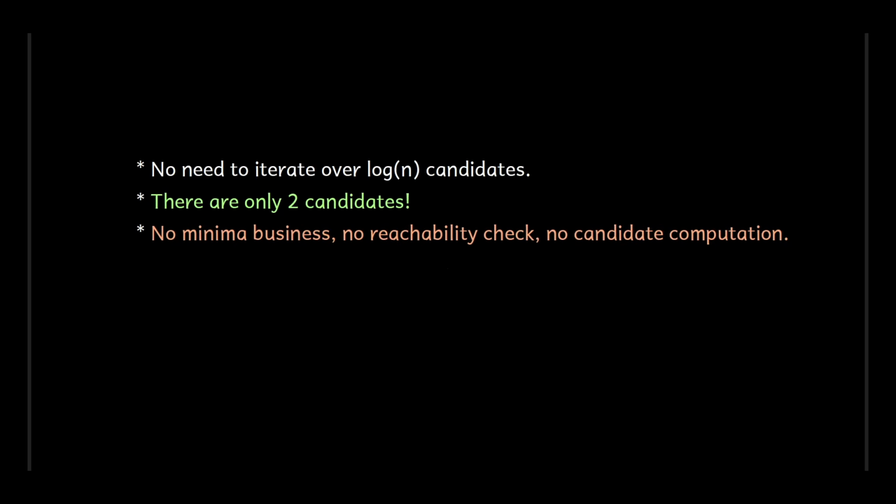And this way you can find out that you don't actually have to iterate over the log n candidates. There are only 2 or a maximum of 3 candidates. Actually, if you think about it, there are 2, but I won't dive deep into the details of why there are 2 candidates and not 3, but it doesn't hurt to check 3, right?